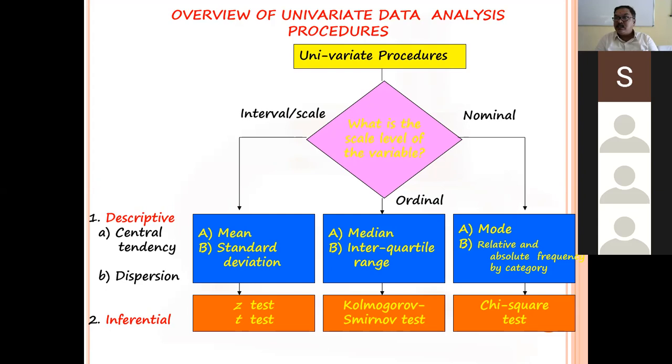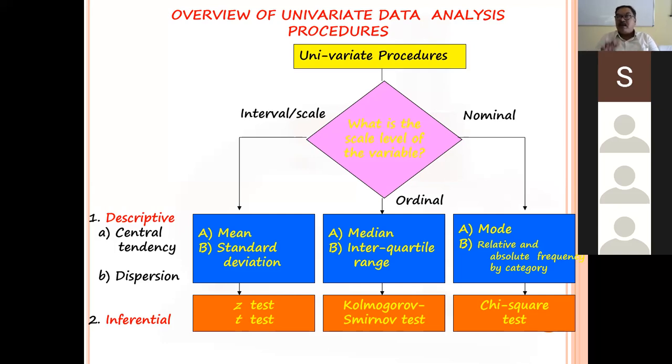There are two ways of presenting this kind of data under the descriptive method. One is the relative type, like percentage. What is the percentage of male participation? For example, even in this course, there are women and men. How many men are there? How many women are there? That can be presented in numbers as well as in percentage.